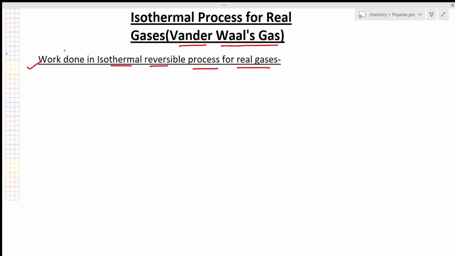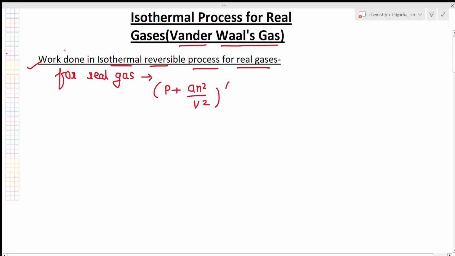See here, for the real gases, what do we use? We use the van der Waals equation. And what is the equation? (P + a n² / V²)(V − nb) = nRT.